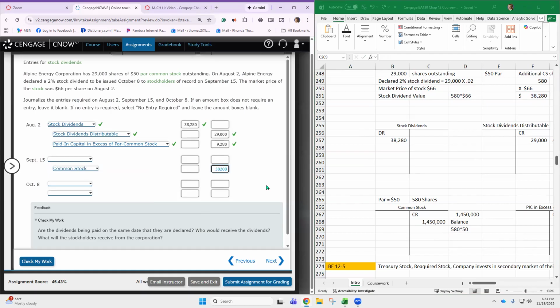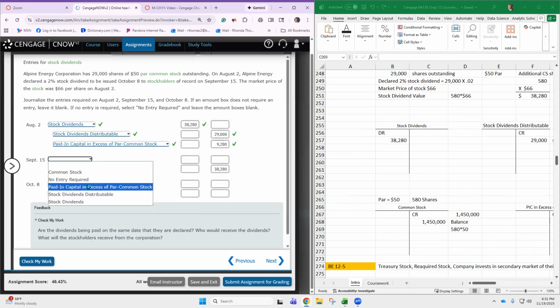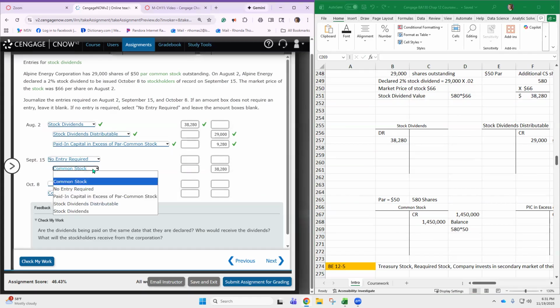Oh, no. This is date of record. Sorry about that. The middle one is always the date of record. So this is paying them down here. Date of record does not require an entry. We just need to know who we're going to be paying the shares to. So luckily that middle one is kind of done.